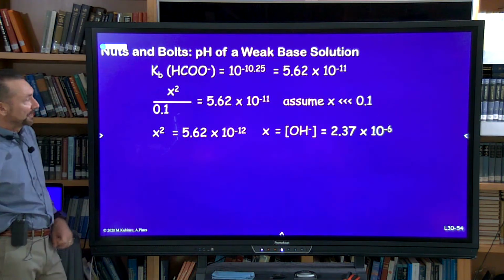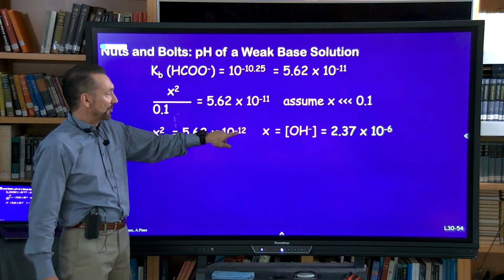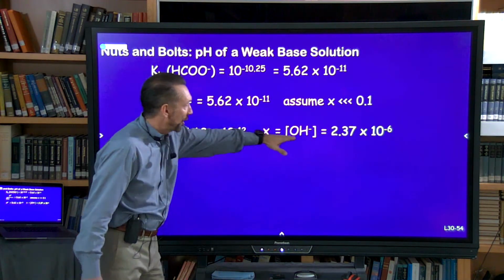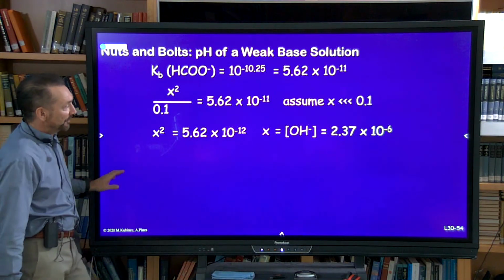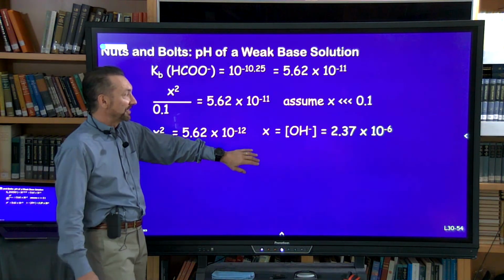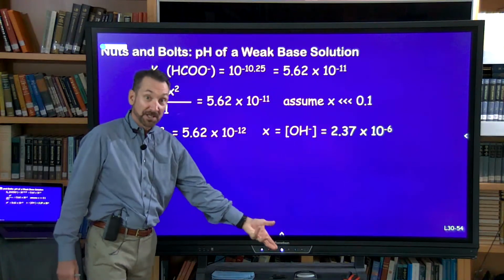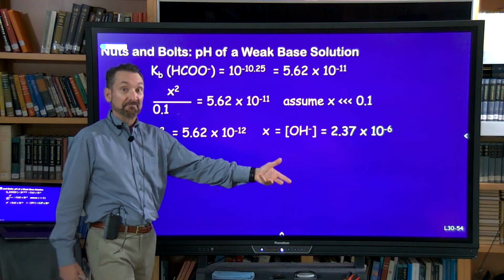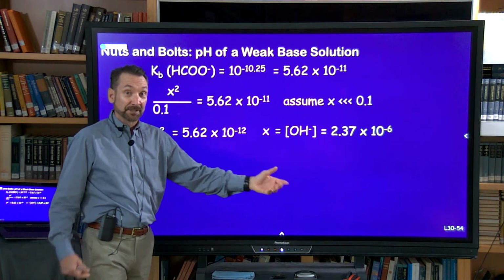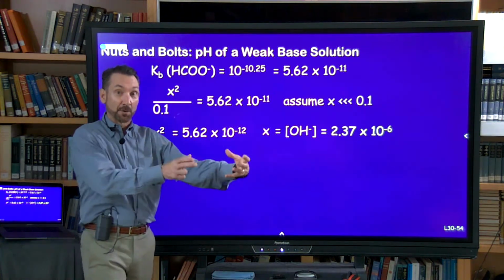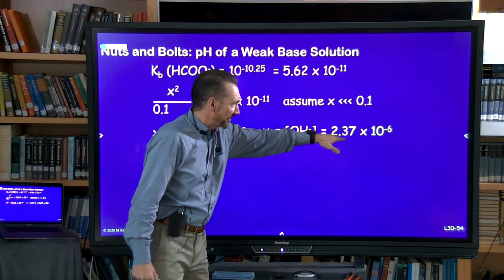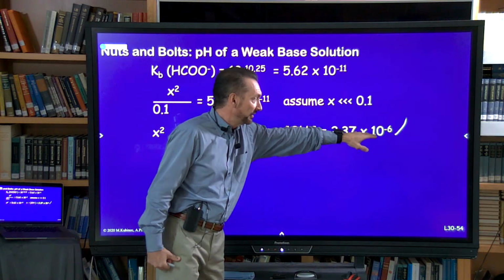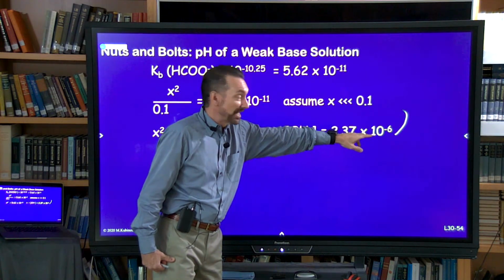So something like 10 to the minus 6. Square root is half the exponent, something like 10 to the minus 6. That's the OH minus concentration. So if the OH minus concentration is 10 to the minus 6, the H3O plus concentration would be 10 to the minus 8, because those products, H3O plus times OH minus, not exactly that because there's that 2.37, but the pH is going to be something like 8-ish, 7.5, 8.